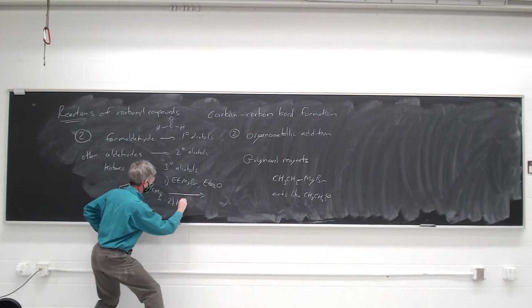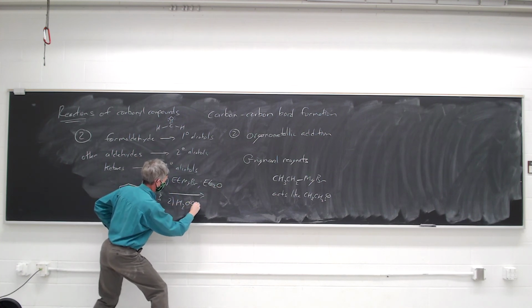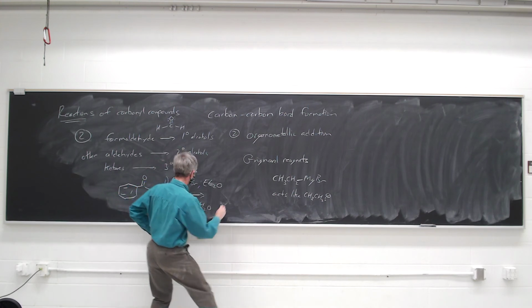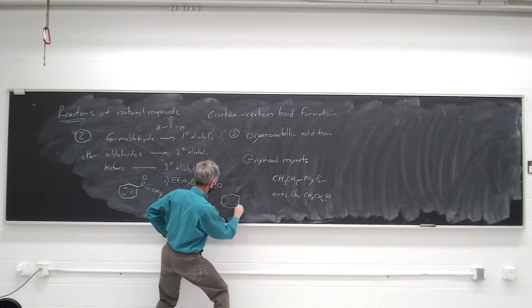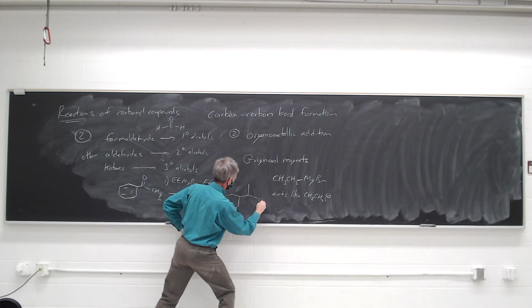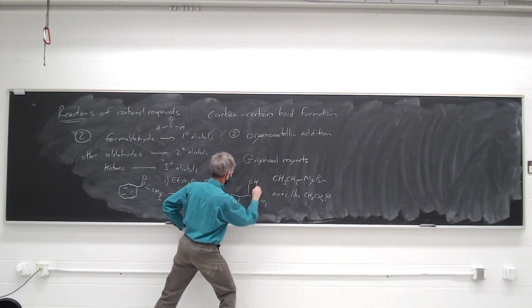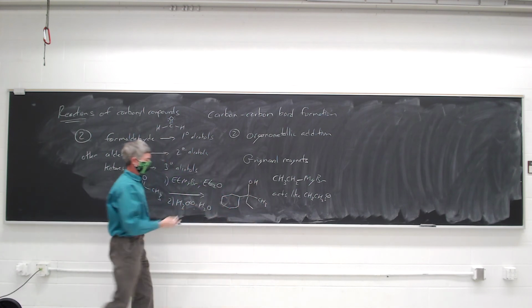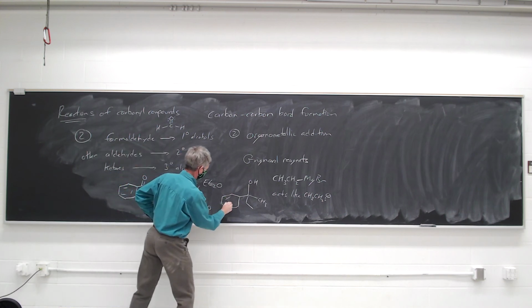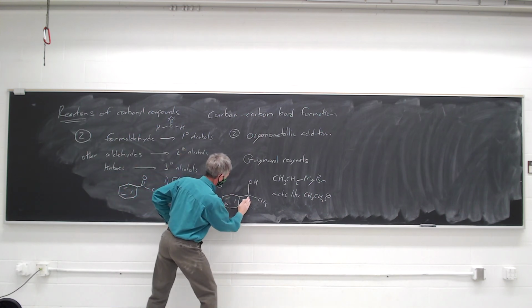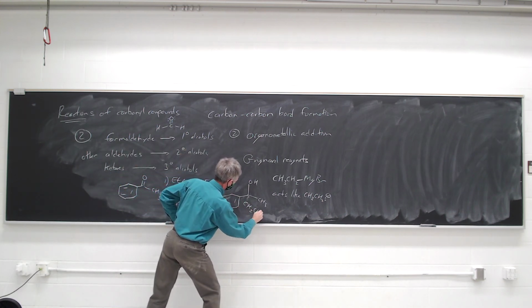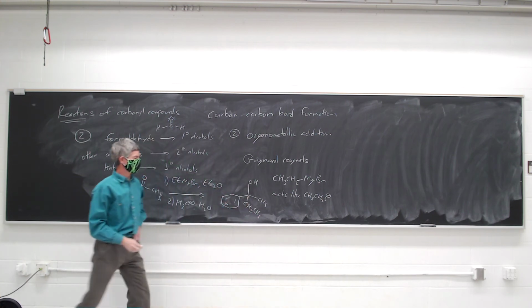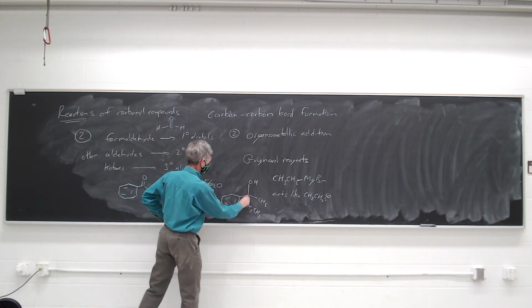And then the second step is aqueous acid workup. We could add an ethyl group. There you go, write that out. And so we made that new carbon-carbon bond right here.